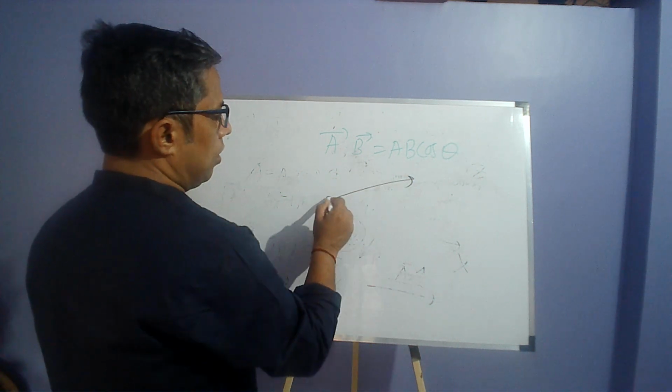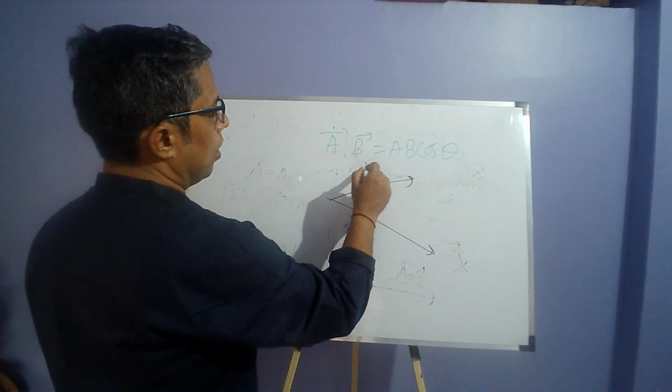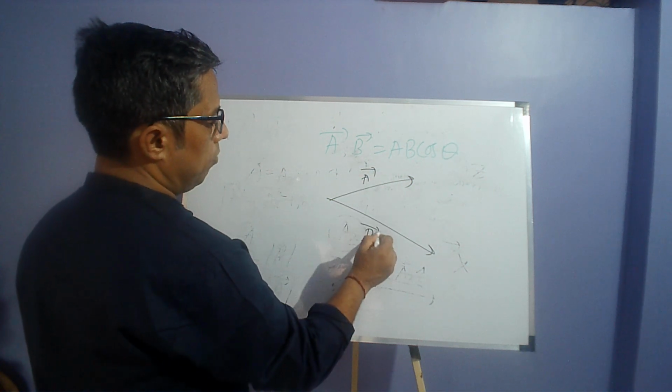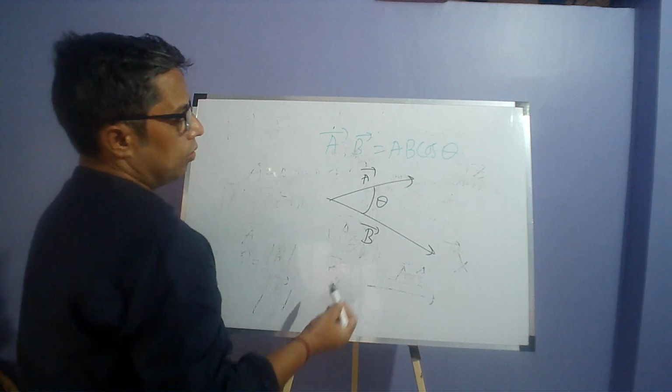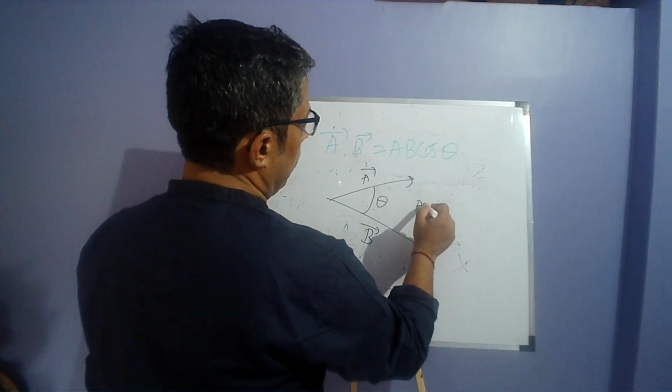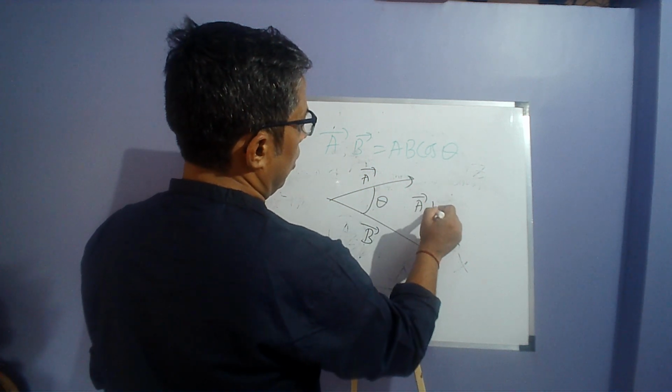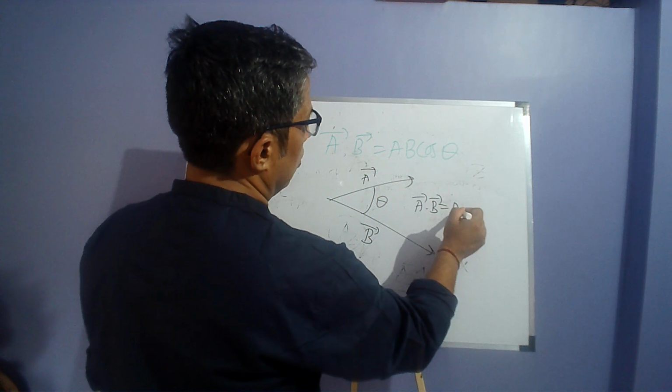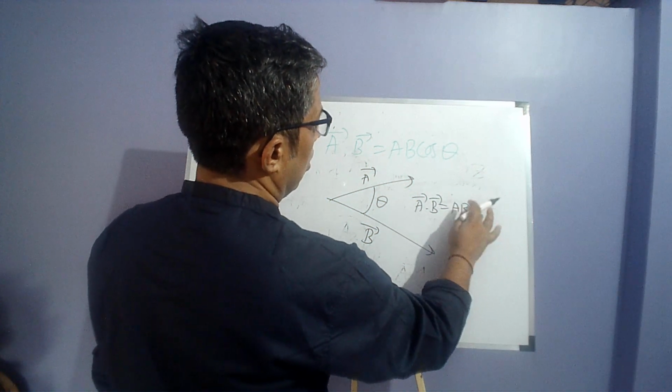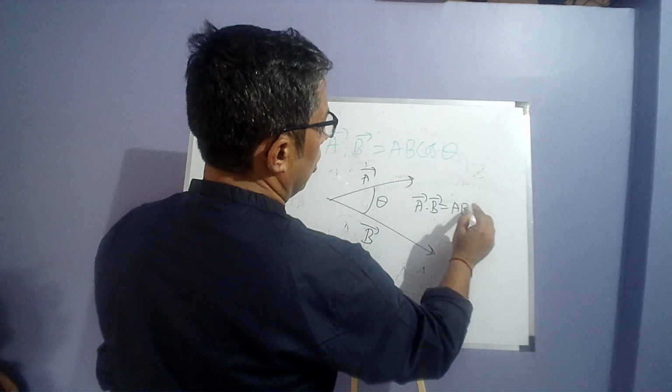Let's say A vector and B vector, and the angle between them is theta. So the product of these two vectors, A vector dot B vector, will be equal to AB cos theta.